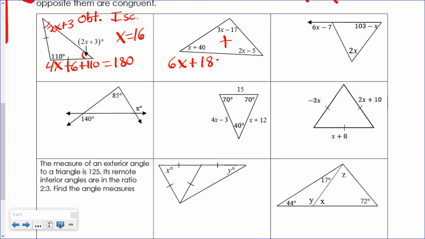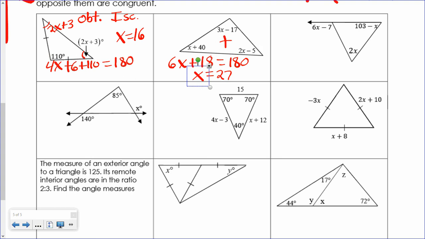Is that 18? So I just combine like terms. You said it equals 180. Yep. You can write it out if you want to all the way. I just combine my terms to begin with.